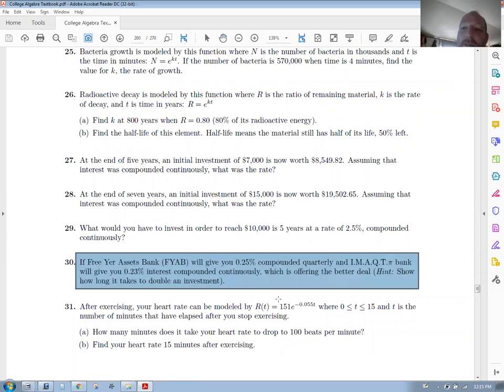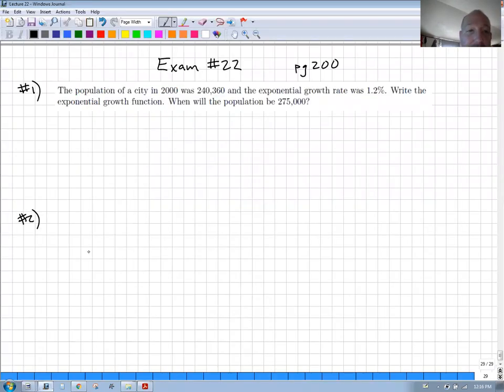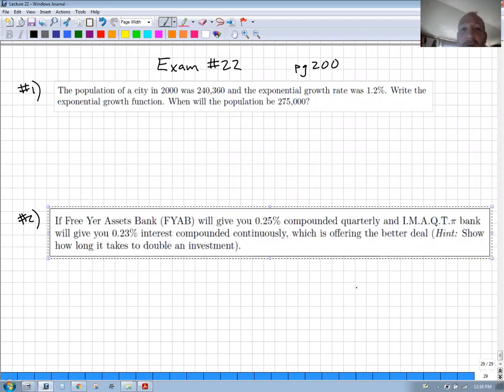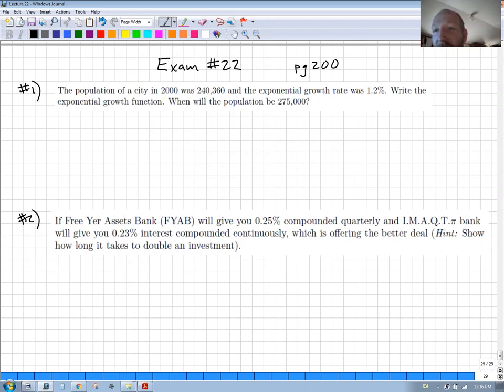There we go. Let's work on this one. So for this one, we have 2 different banks, and you have to find which one is the better deal. They don't give you an amount, so what you do is you use how long it takes to double an investment. All right, so that'll be fun.